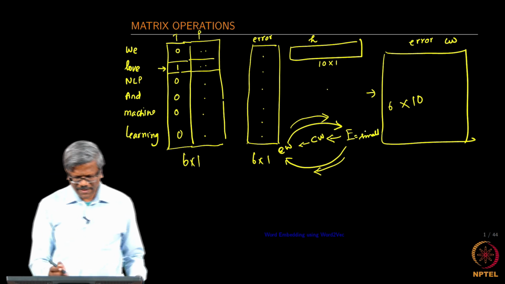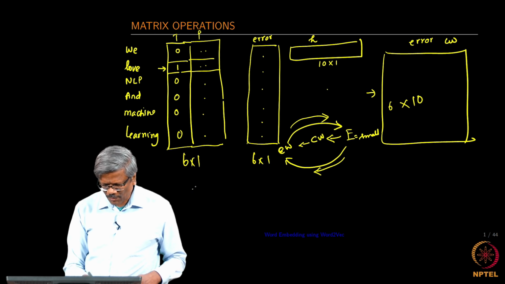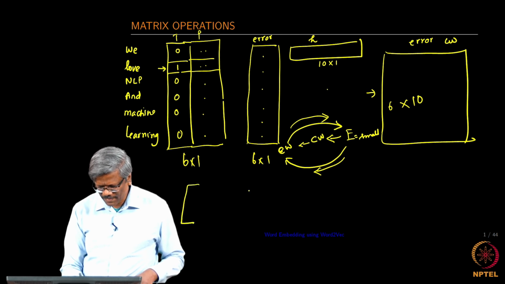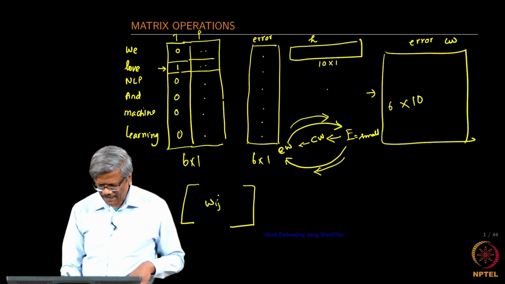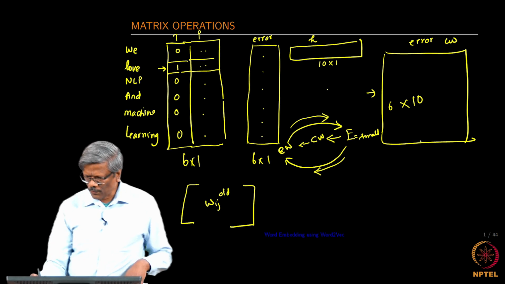All right. So in the matrix form, how do you really get this? So I am going to only write for the context matrix. Okay. This is our old one. And now we have the difference.